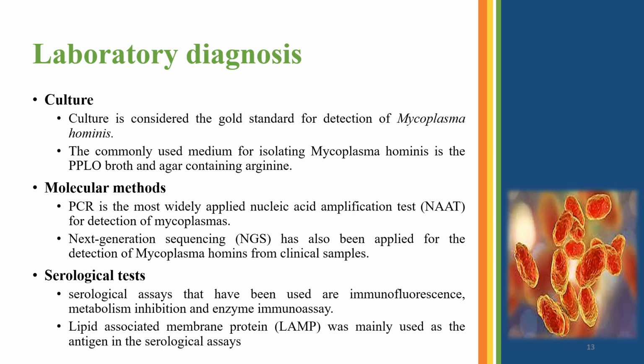Number 2 is molecular methods like PCR and NGS, next generation sequencing. These are 2 of the most reliable methods for detection of Mycoplasma hominis.